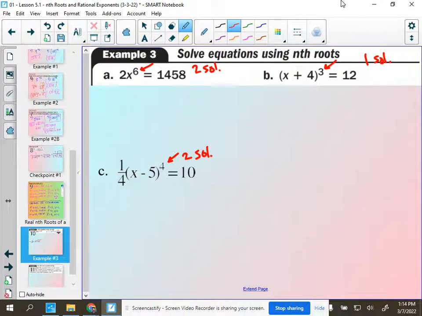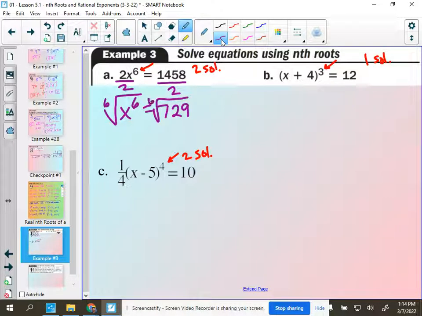Okay, here we go. This is your traditional get x by itself, solve for x scenario. If I was showing all my work, I'd divide both sides by 2. X to the 6th power equals, let's see, I'm doing them with you, I don't have them done yet, 729 divided by 2. There's nothing left to do besides 6th root both sides of the equation.